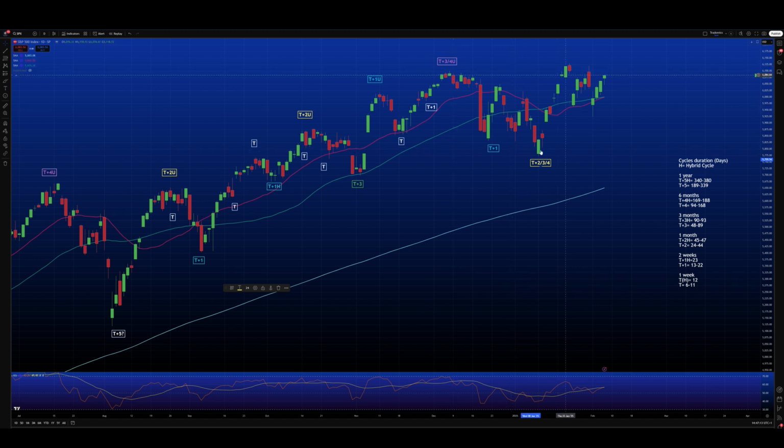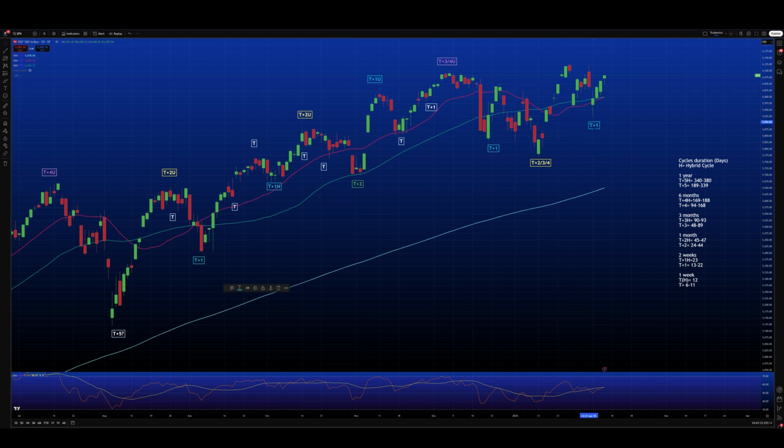So here we have already some clue that the market is giving us in terms of how to segment the chart. From this low here, potentially we have even a T plus 1. Okay, we have 14 bars.